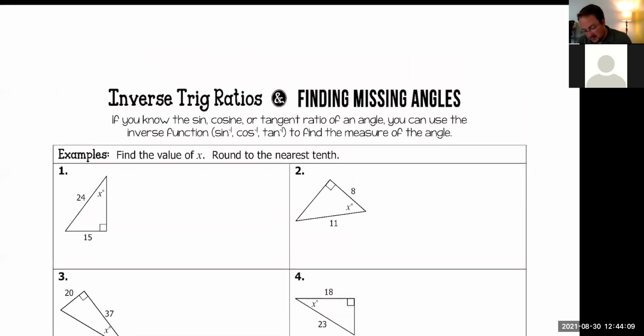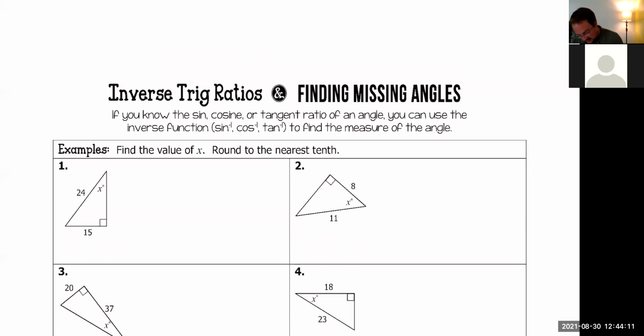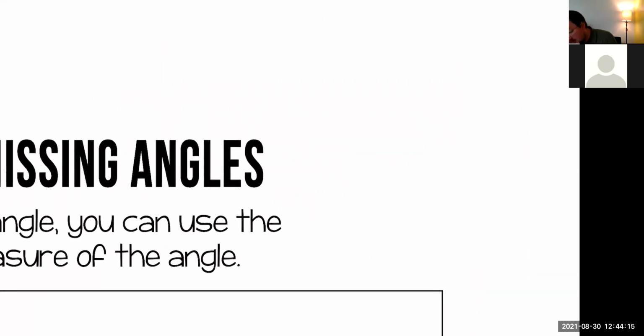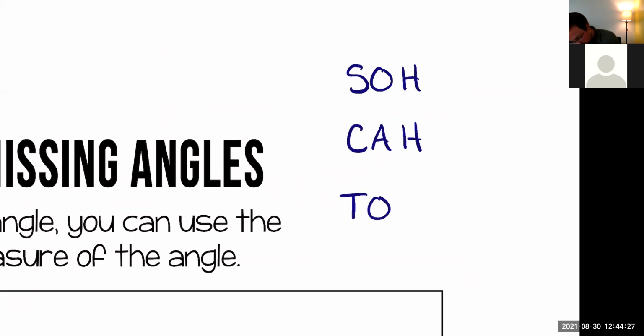If you don't have them nearby, up here in the top right margin, I'm going to do that little, I think it's called a mnemonic. SOH CAH TOA was the little trick that we used to be able to remember which ratio went with each.